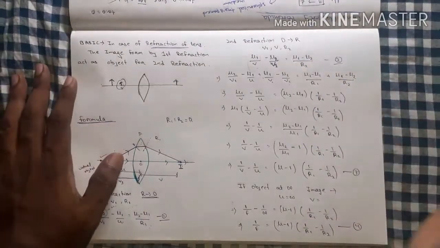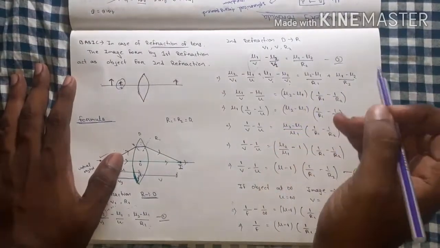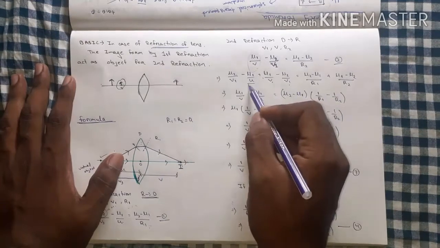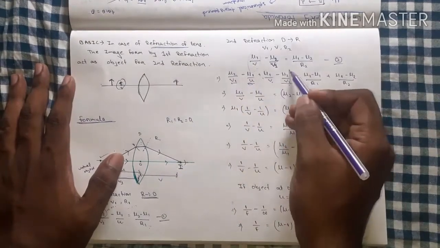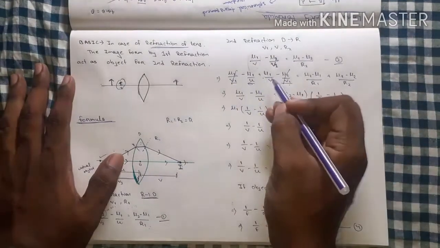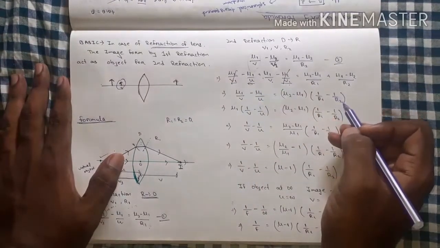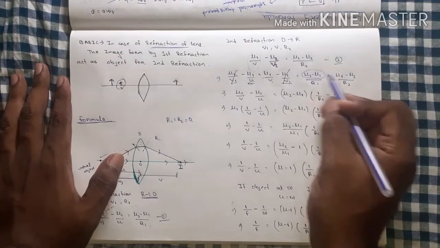Okay, then listen, this will be the same, so I can cancel it. mu1 by v minus mu1 by u.